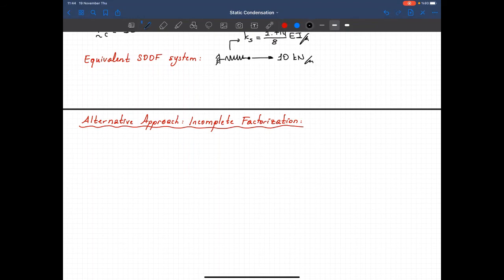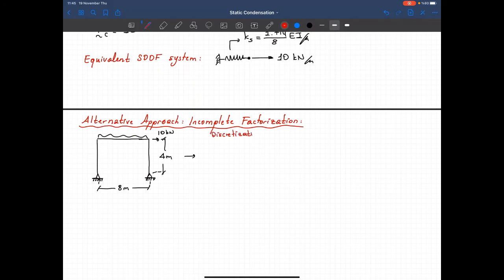Again, let's take the same structure. This is 8 meters, this is 4 meters. I have a uniform distributed load here and 10 kilonewtons here. So I will do the discretization again.